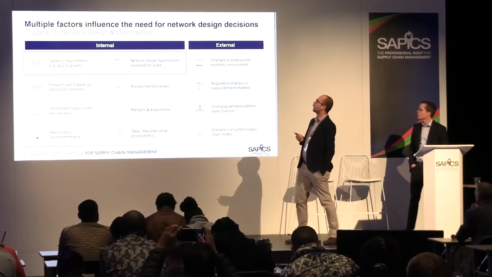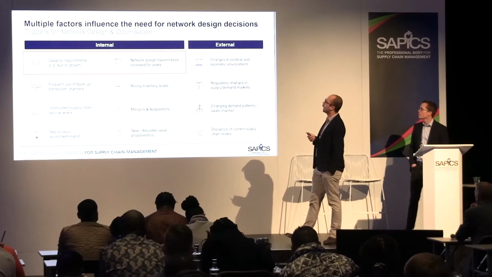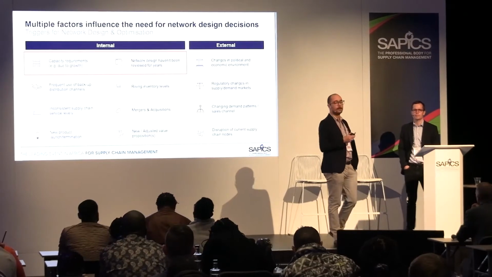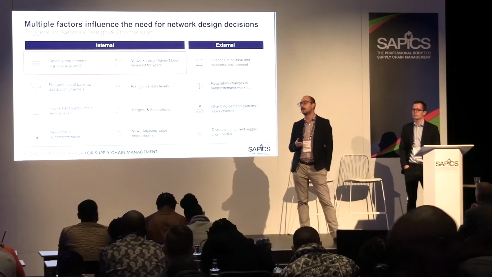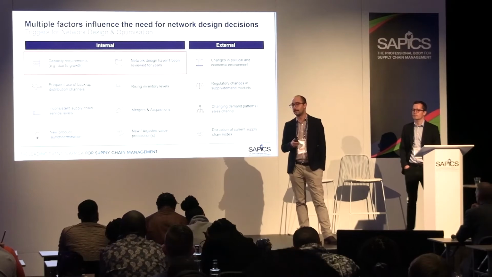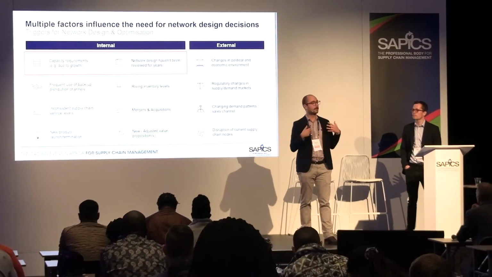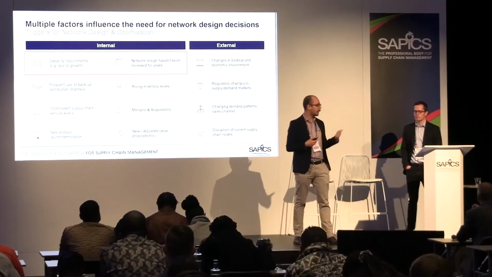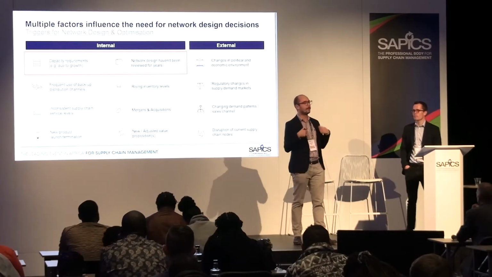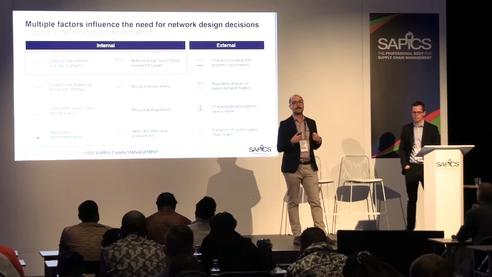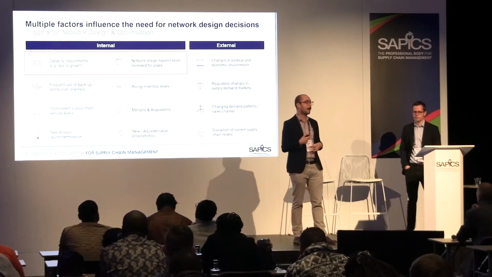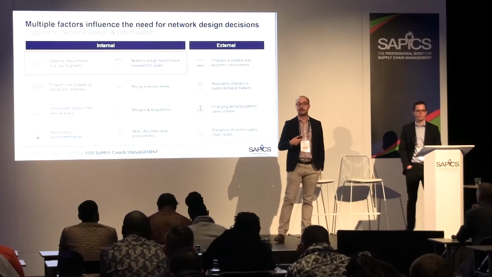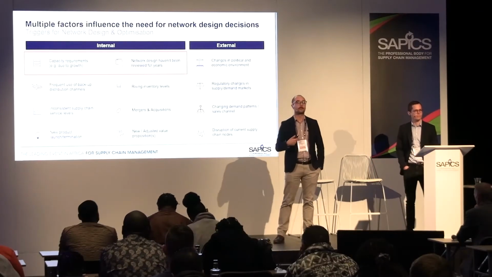I want to linger on that second point a little bit. Network design hasn't been reviewed for years. I think as supply chain professionals, we often make the mistake of not reviewing our network designs frequently enough, right? If we review network designs on an ongoing basis, and the tool that we have allows for that, and Joakim will elaborate a bit on that, if we review our designs frequently, it means we can make small changes rapidly, instead of leaving a network for 10 years and then realizing that you have to redesign it in order to reduce cost or improve service.